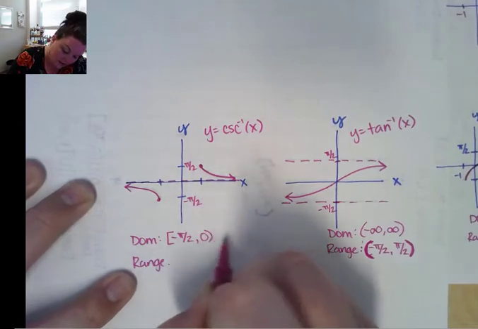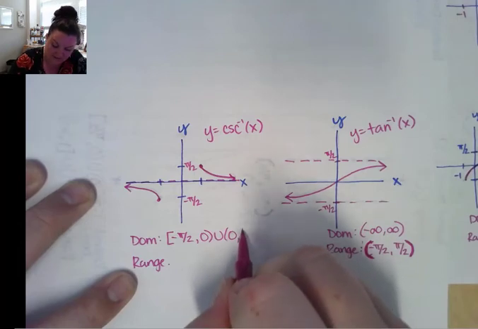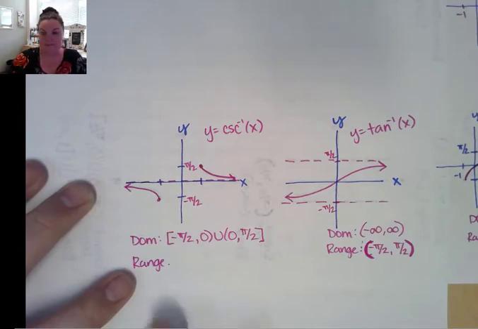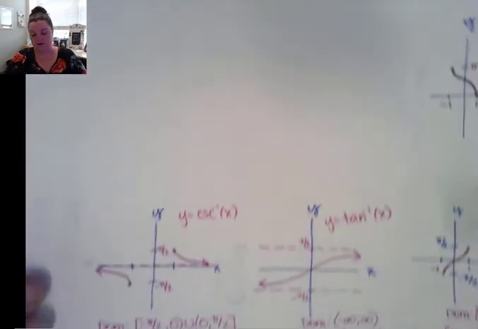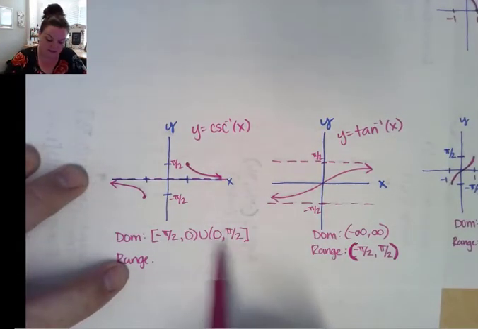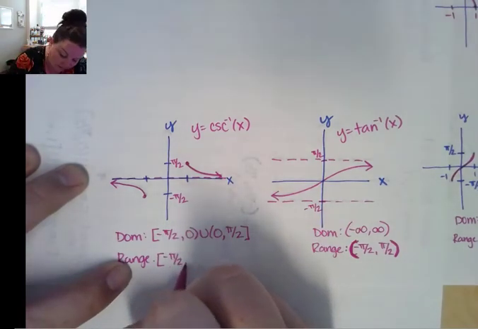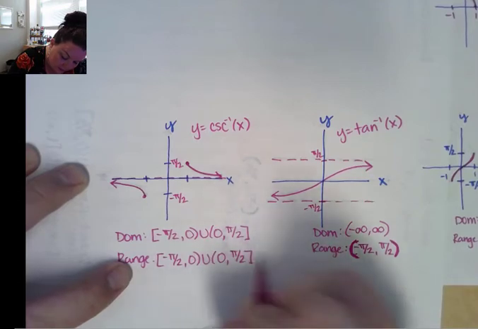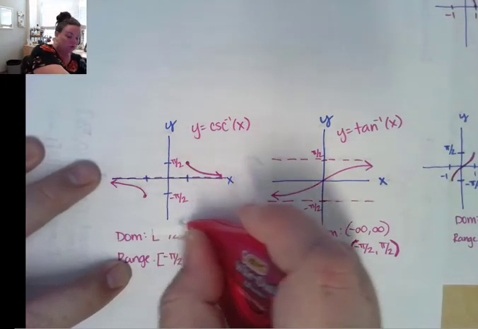So negative pi over 2 to 0, take out the asymptote in the middle, and then we go from 0 up to pi over 2. Okay. And then we do the same thing with our, oh, I just wrote it on the wrong thing, didn't I? I sure did. Silly me. That's our range. That was our original domain. So when we flip it, now that's our range. Let me write it right here, and then I'll take it off. Sorry if that confused you because I wrote it in the wrong spot.